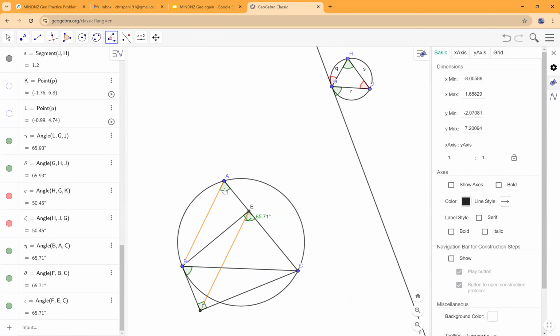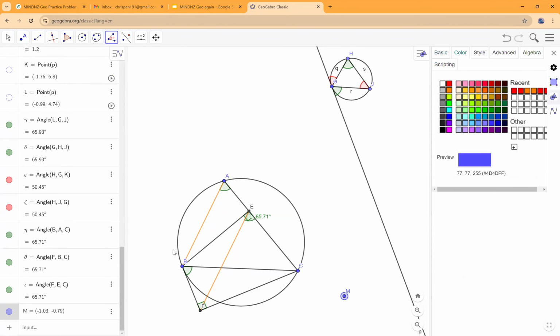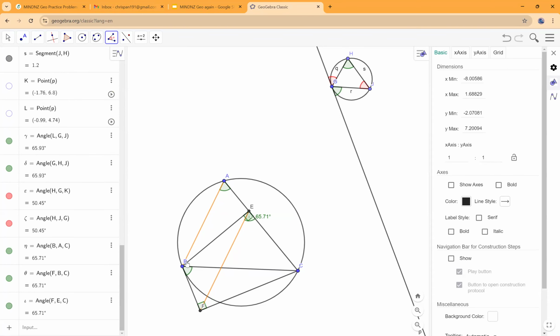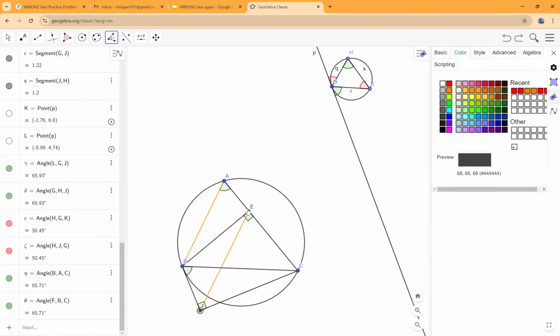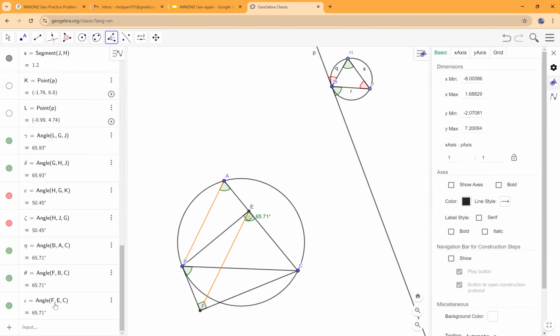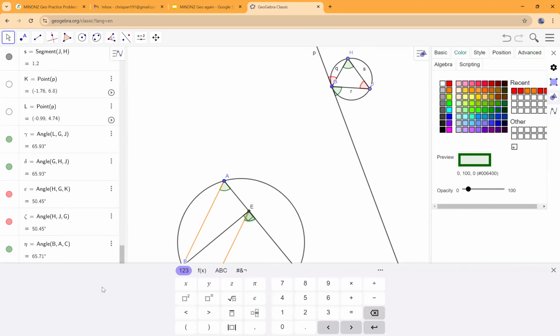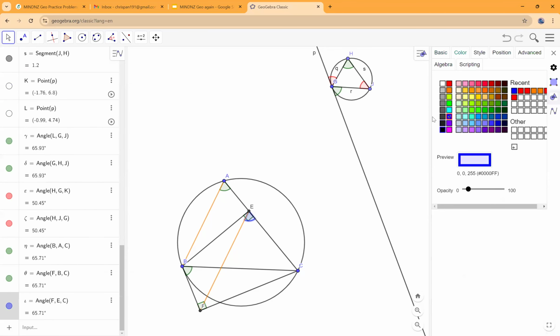Then we would have shown it's parallel, because that's just a property of parallel lines. We know that angle BAC is equal to angle FBC, these two angles highlighted in green. So we want to try to show that the two green angles are also equal to this blue angle.